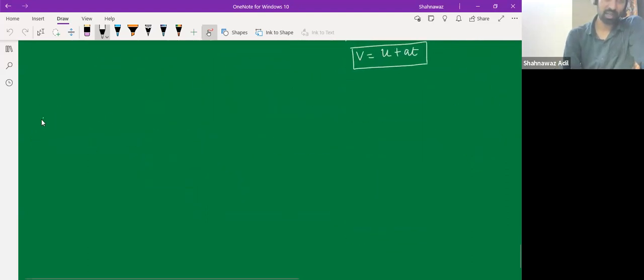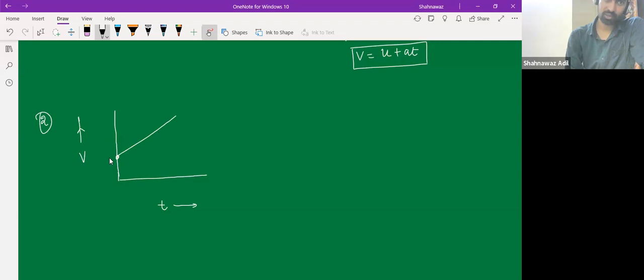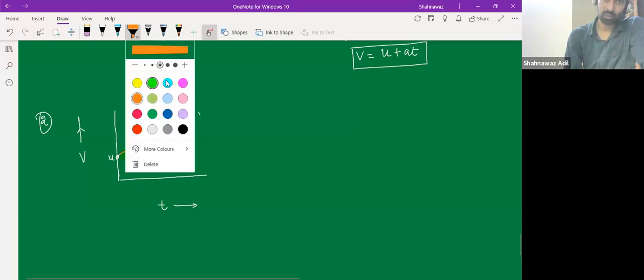Now let us take again the same graph, right? So we have the same velocity time graph. This is the t. This is the velocity, and the initial speed is u, and this is v.